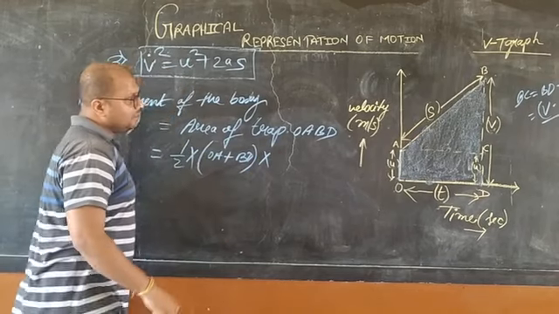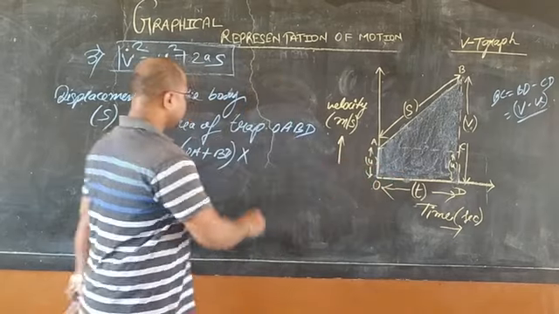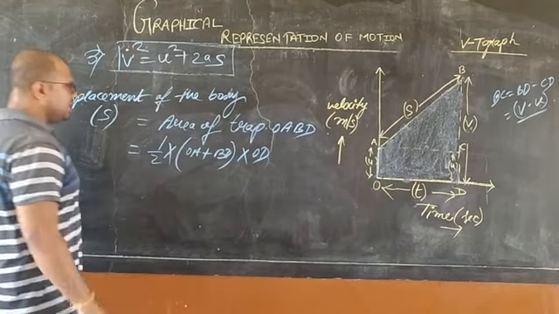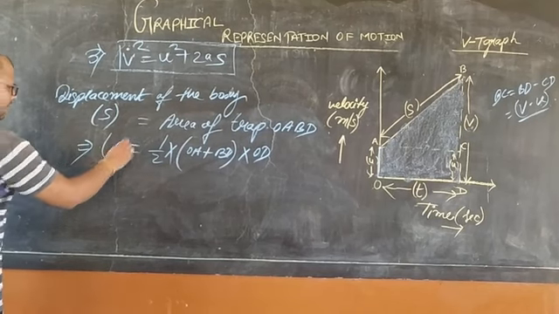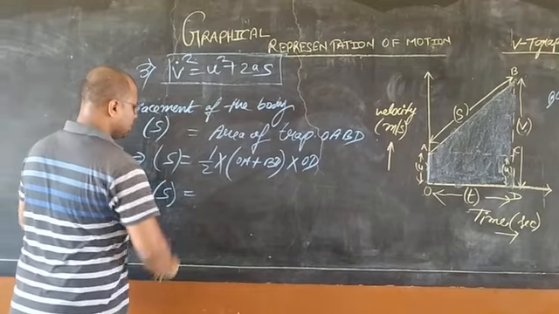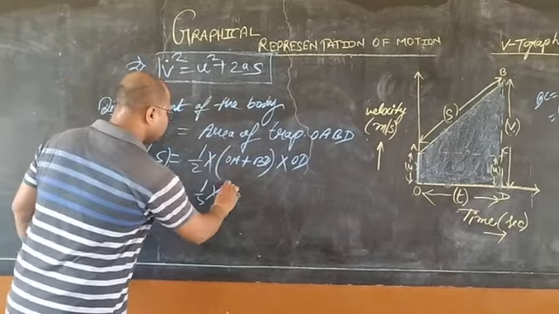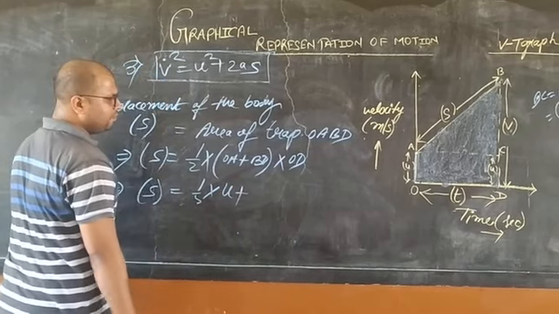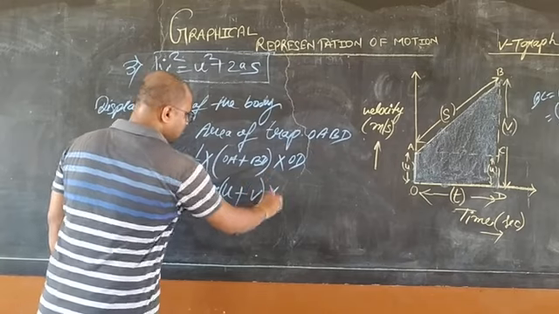And the height of the trapezium. What is the height of the trapezium, students? OD. I hope there will be no confusion as we have gone through the mathematics formula. If you have, then also you can ask. Okay, S is equal to half. What is the value of OA? OA is U. And what is the value of BD? BD is what? V. OD? T.